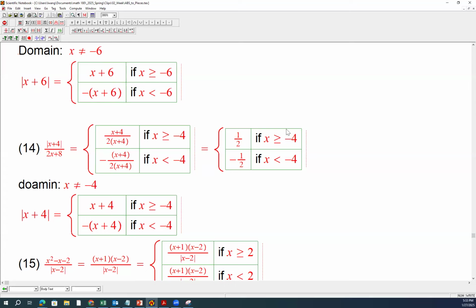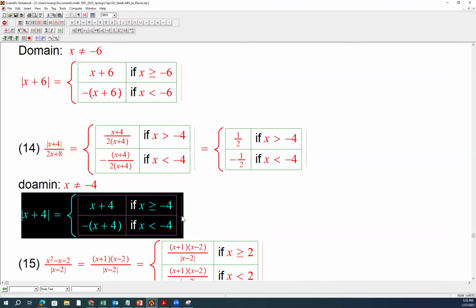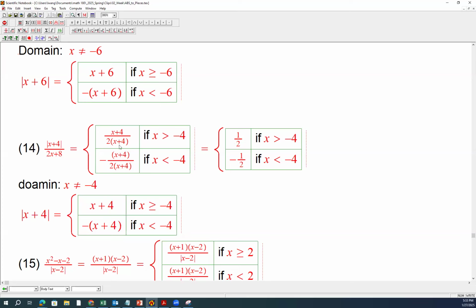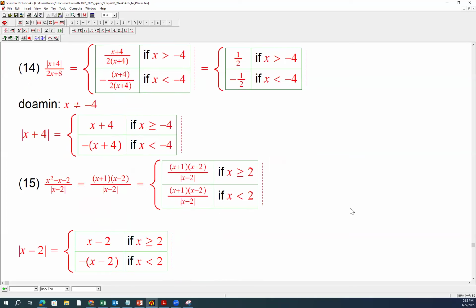So this part has to be greater than negative 4. This part doesn't need to be changed. When we work these out, we need greater than or less than, no equal to negative 4, because that will make the denominator equal to 0, undefined.